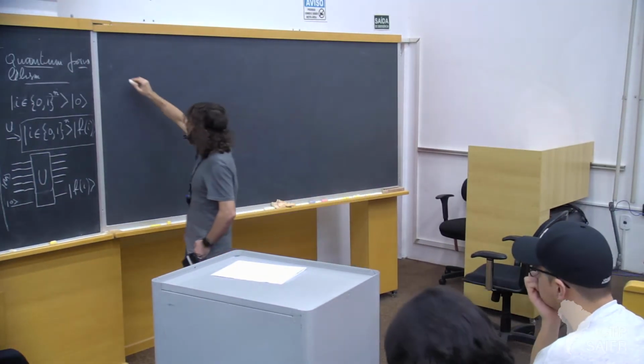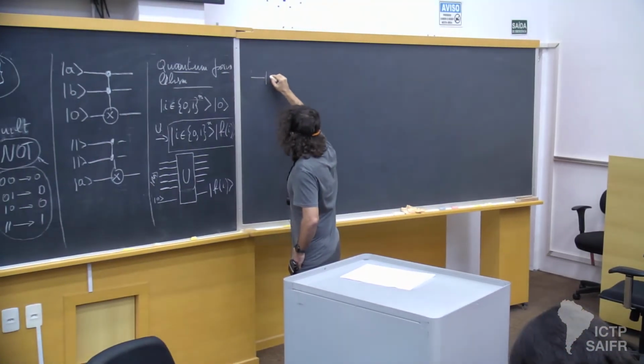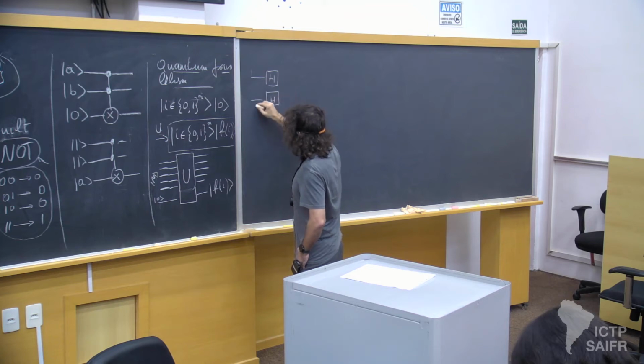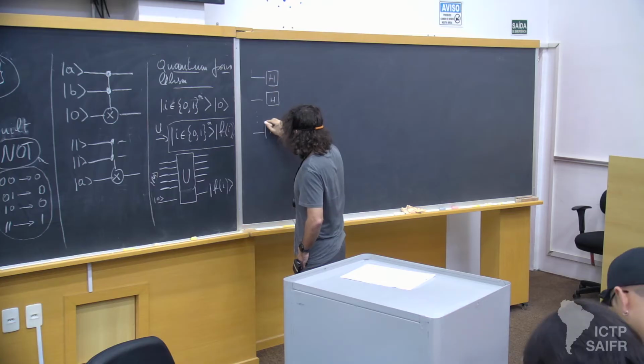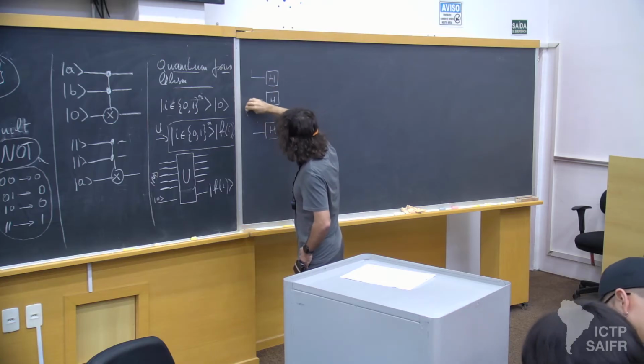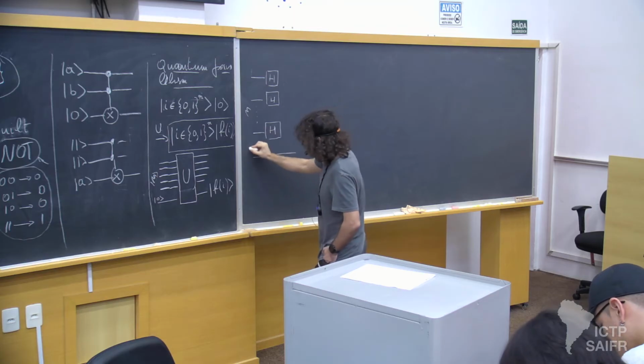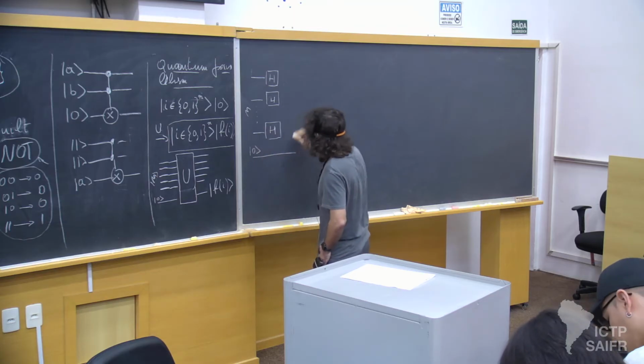Now, what happens? If we take our n qubits, we put a Hadamard on all of them, then here we still have our spectator that is 0.